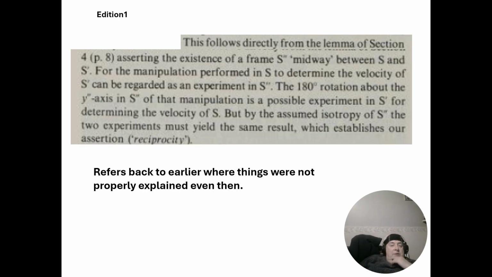Right. So the book is now saying this follows directly from the lemma of section 4, asserting the existence of a frame S double prime midway between S and S prime. So what it's saying now is referring back to what we were saying earlier, where things were not properly explained even then. So it's just piling on more obscurity.